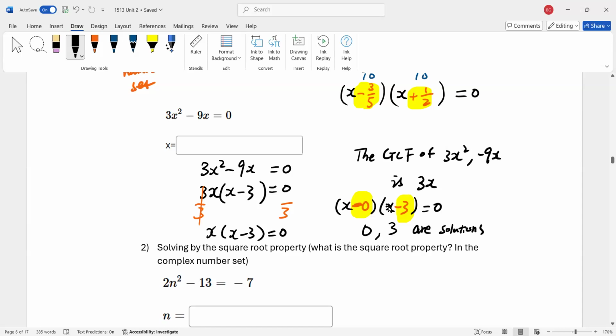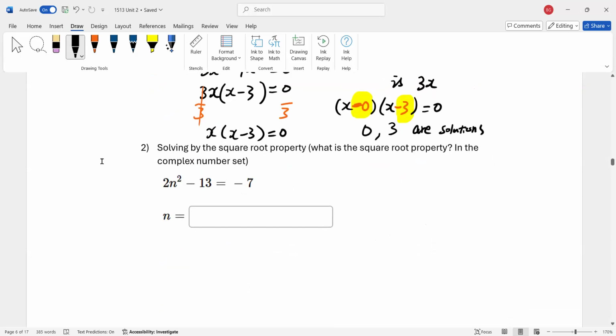And those two numbers, their opposites are the solutions. The opposite of 0 is 0, by the way. The opposite of -3 is +3. So the solutions are 0 and 3. For more details, I would recommend that you go to my videos and look at them.